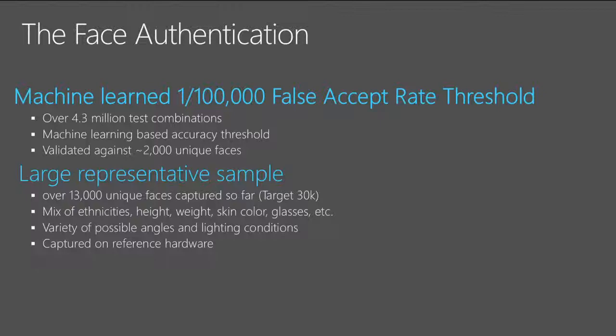But to prove a 1 to 100K false acceptance rate with a confidence level of somewhere around 97.5%, we need approximately 4 million matches between me and not me going through this algorithm. We also need unique faces to train the algorithm, and after that, with different faces, we're measuring the result.